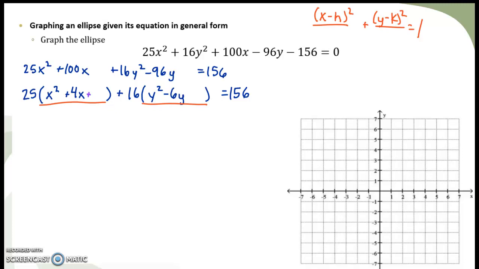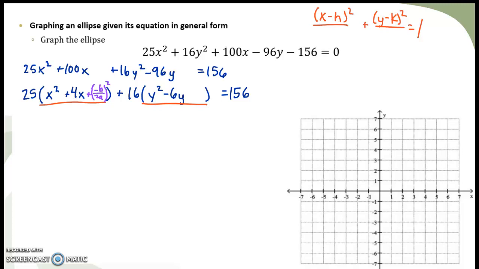And what I add is actually negative b over 2a, and then I square that. Not the whole thing, I'm just squaring what's in the purple, or the negative b over 2a squared.